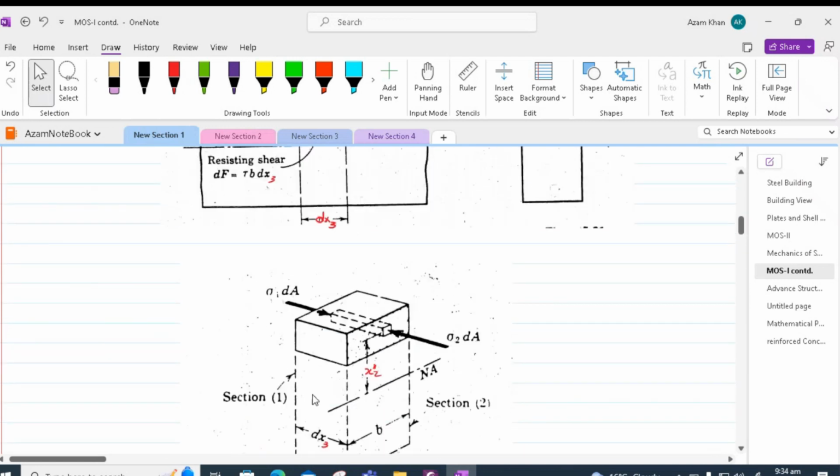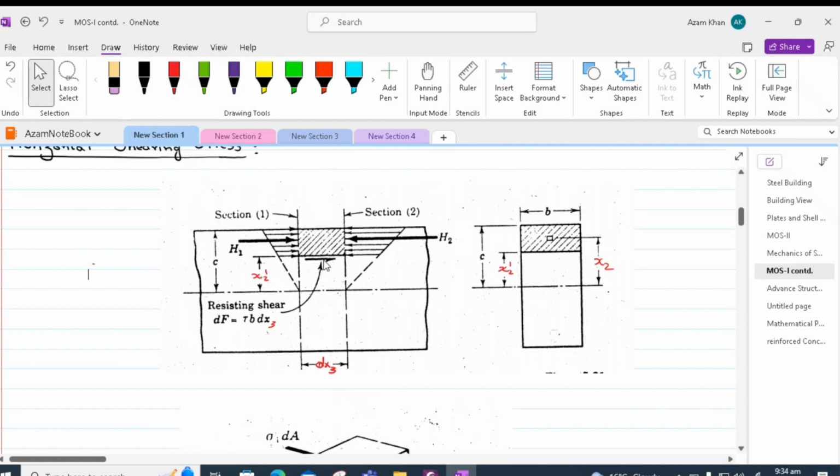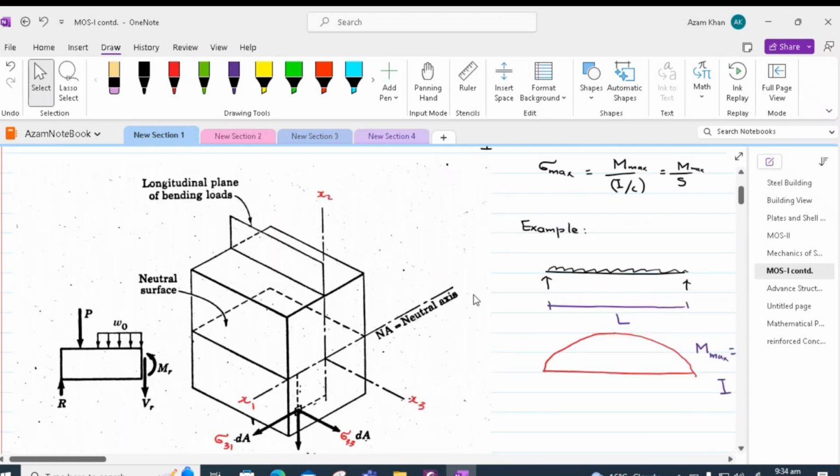So that means to say that this shear will have an equal vertical shear appearing. So for our example, of a simply supported beam under uniformly distributed loading, when we draw its shear force diagram, that diagram is based on vertical shear force.